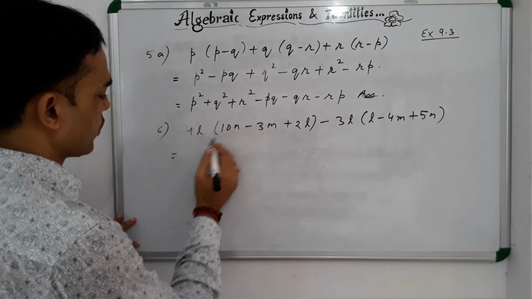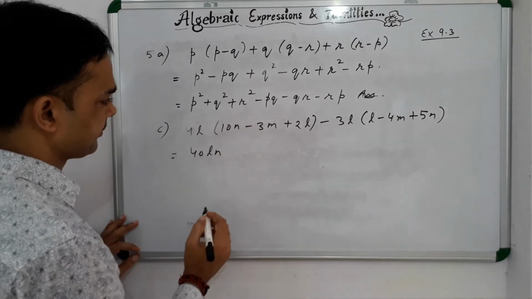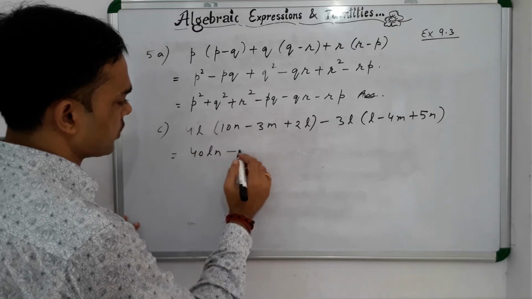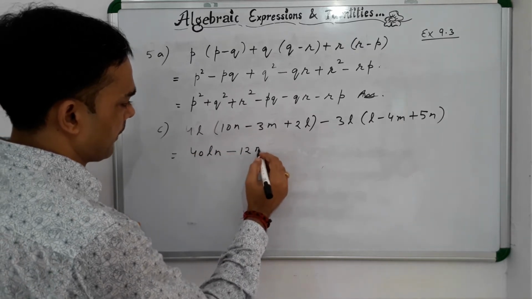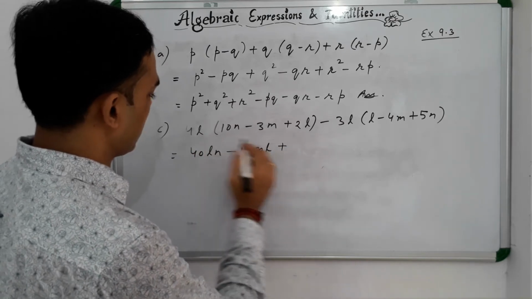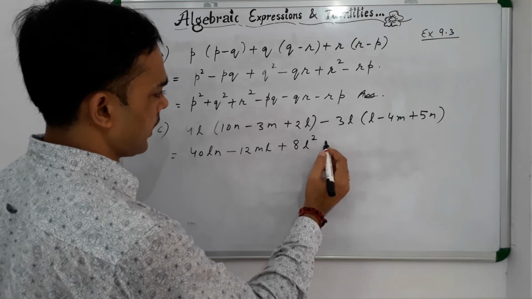So 4 into 10 is 40, L into L, N is LN. Plus into minus is minus, 4 into 3 is 12 LM. Then plus into plus is plus, 4 into 2 is 8 and L into L is L square.